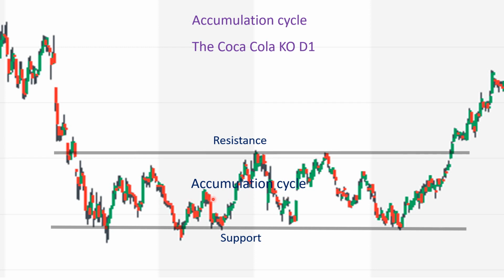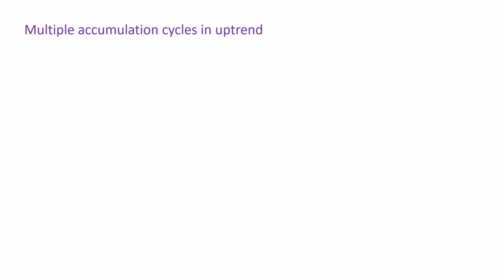The accumulation cycle can also occur during an uptrend. It has the same characteristics and should not be confused with the distribution cycle. An accumulation cycle in an uptrend takes longer compared to accumulation after a downtrend. Multiple accumulation cycles in an uptrend.